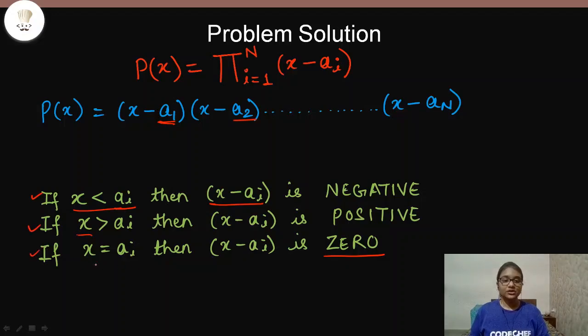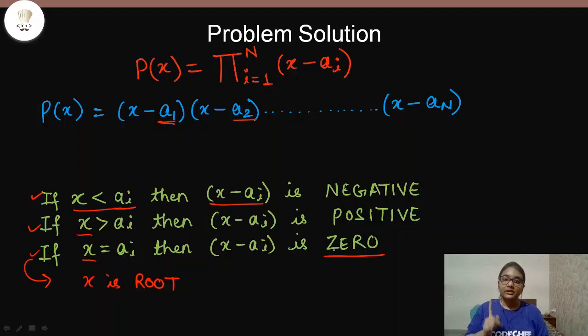In the third condition, if the root and the queried value are equal, then the term will be 0. Now what does this mean? It means that x is the root itself. x is one of the roots of the polynomial that are given to us. So directly we can say that if the queried value is one of the roots a1 up to an, any root, then the individual term somewhere in the polynomial will definitely be 0.